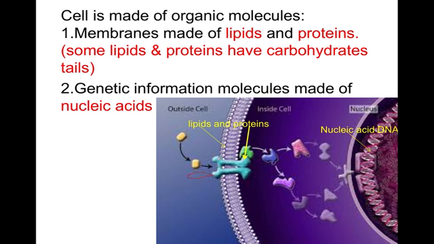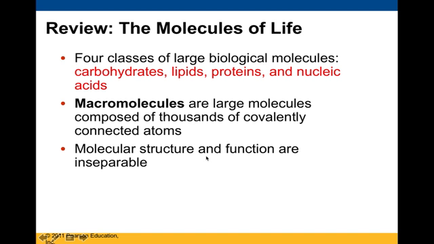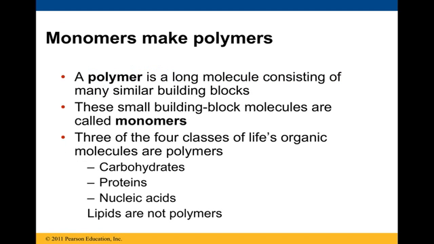So maybe this is A, and this is B. These hangings outside the cell membrane, which are attached to the proteins, act as markers for your blood group. So, quick review. There are four classes of biological molecules: carbohydrates, lipids, proteins, and nucleic acids. Macromolecules means large molecules.